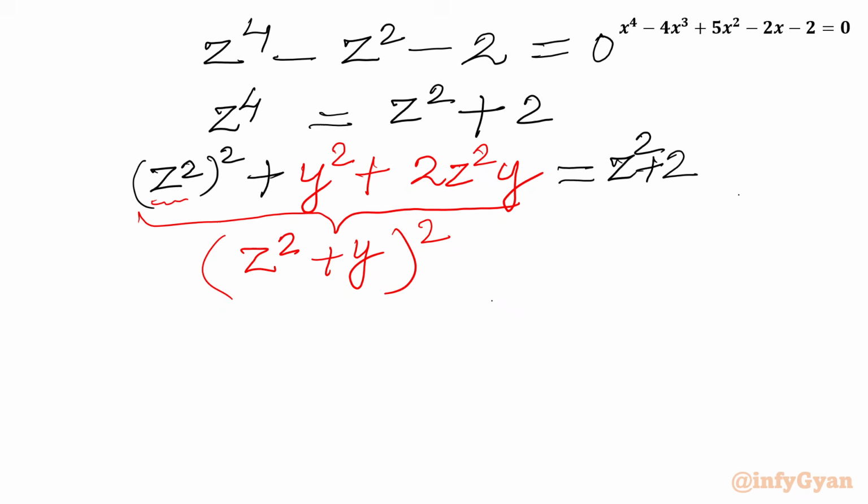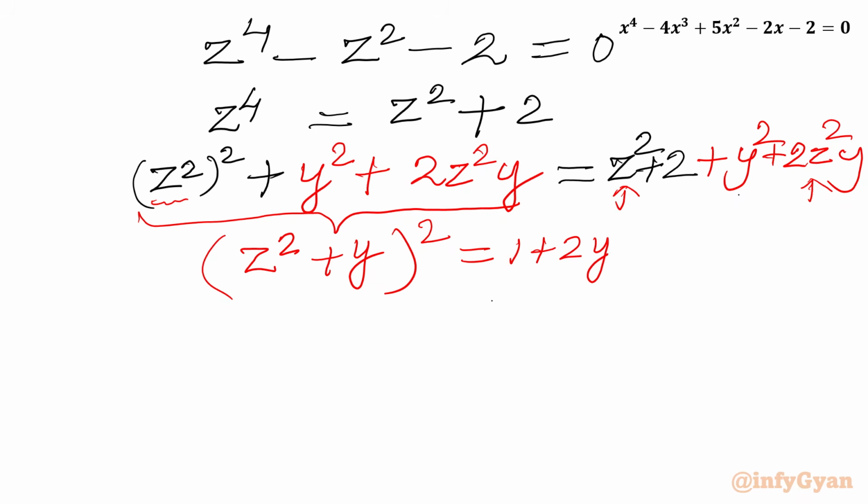We have added y square plus 2z square y in the LHS, so we have to add it in the right hand side also to balance our equation. Now in the right hand side we have z square and 2z square y. If we take z square common, then we can write (1 plus 2y) times z square, then 0z because the z term is not there, then we have y square plus 2.